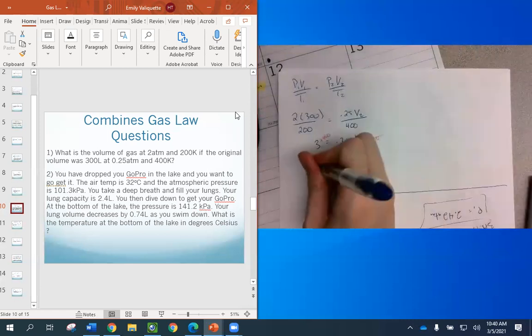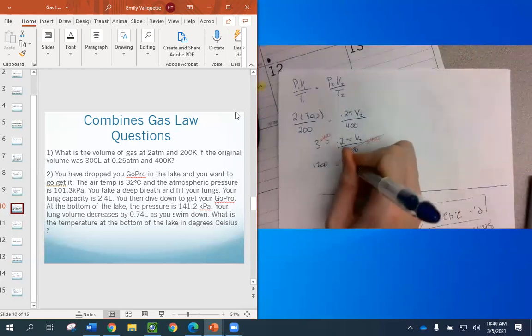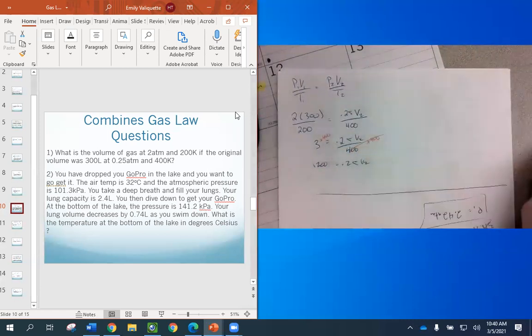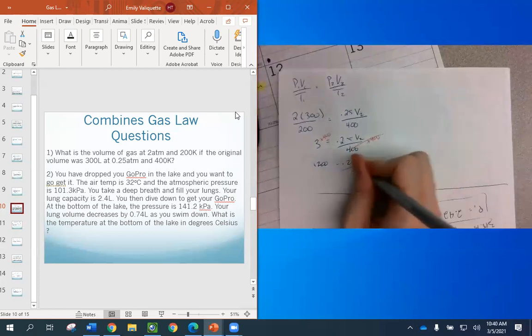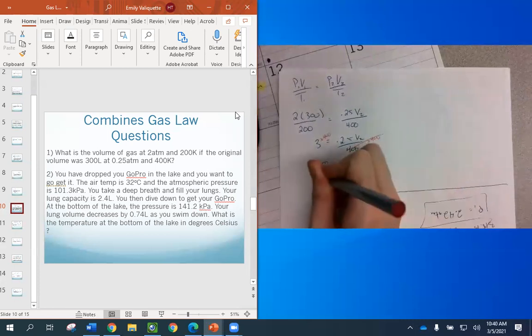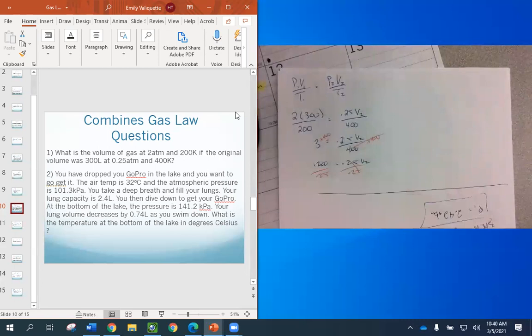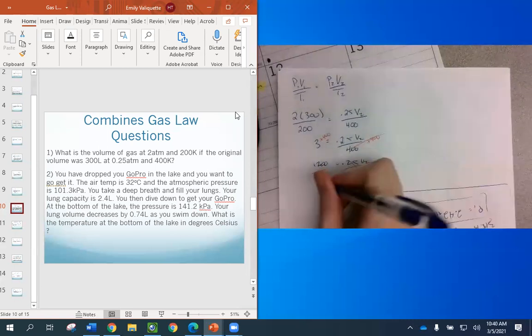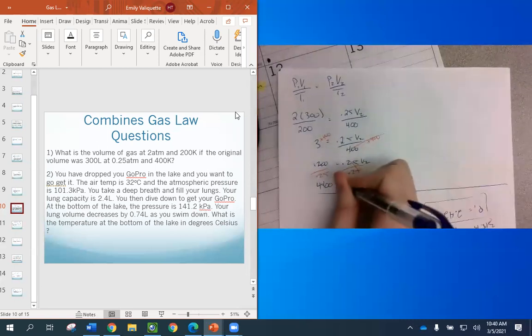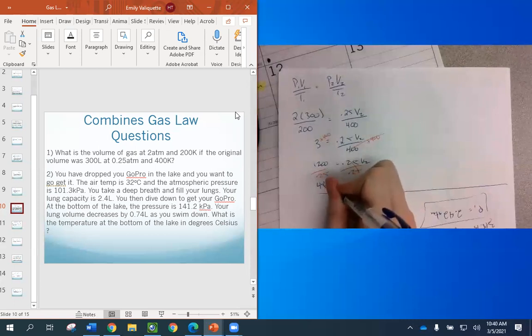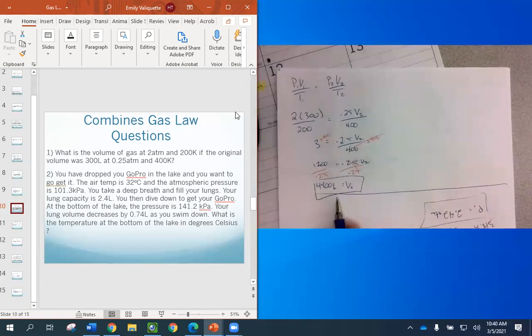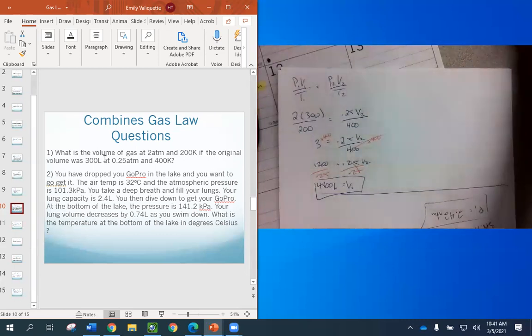And that is 1200 equals 0.25 V2. And then, of course, I just divide by 0.25 to move it to the other side. And I get 4,800 liters as my V2. I know that this is in liters and not milliliters just because the original volume was given to me in liters.